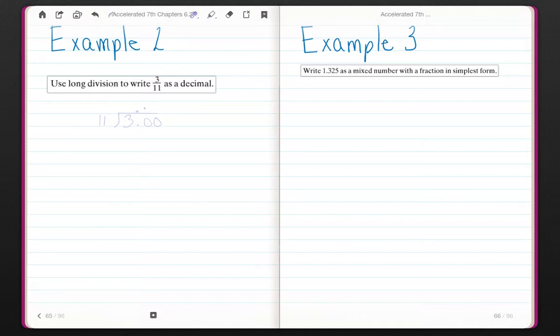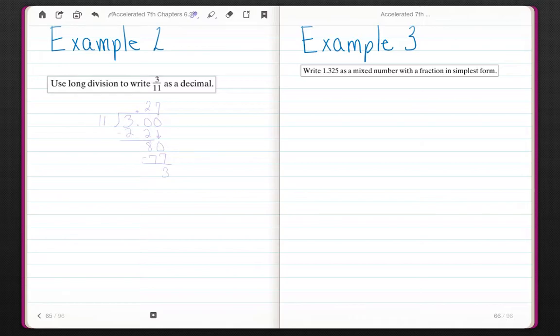So 11 goes into 30 twice, 2 times 11 is 22. 30 minus 22 is 8. Bring down the 0. 11 goes into 80 7 times. 11 times 7 is 77. 80 minus 77 is 3.